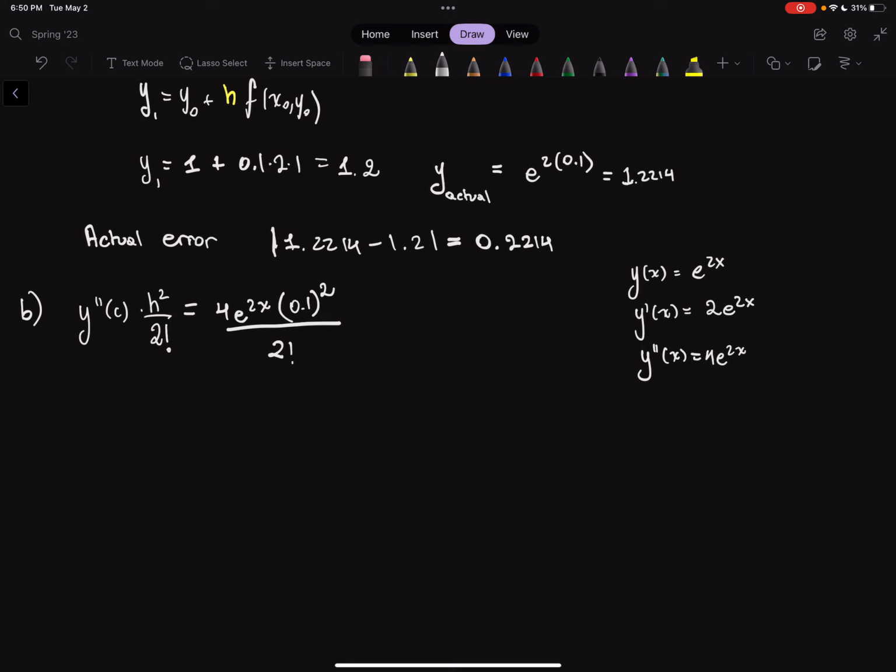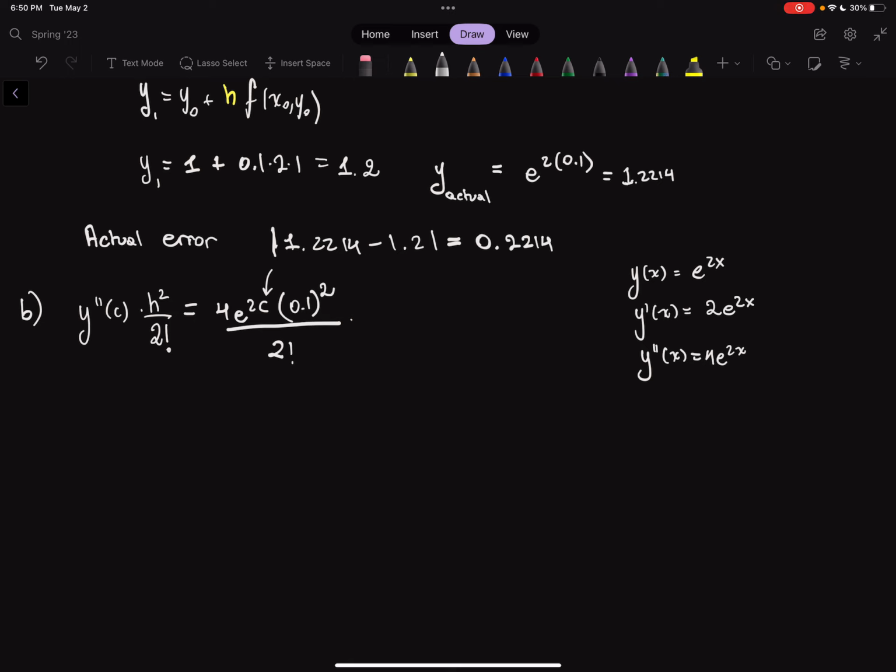And then we need to decide what to input here. And this really becomes with respect to c. So it's now a function of c because we inputted c into our function. Now, if we want the upper bound, we would put the highest value of x that we got, which we stopped at 0.1.